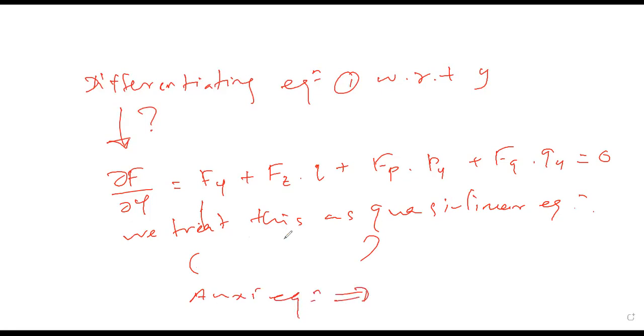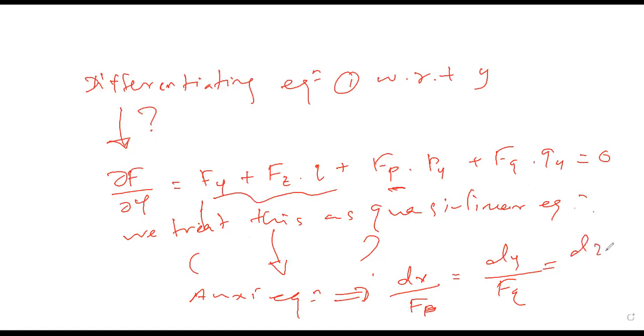I don't need to continue; you just fill up all these steps. Don't keep it blank. Then I can write dx over Fp, which is equal to dy over Fq, which is equal to dz over whatever comes, minus Fy plus Fz of q.